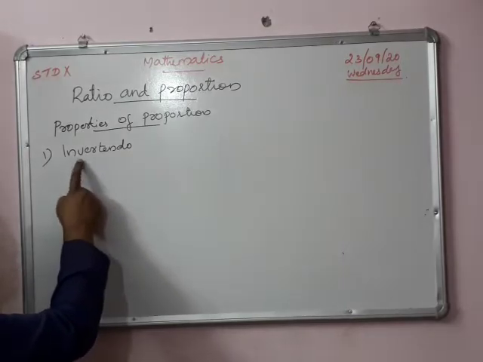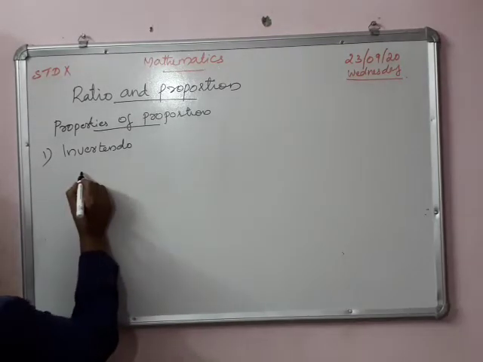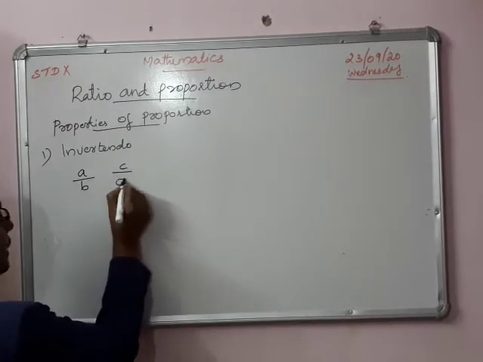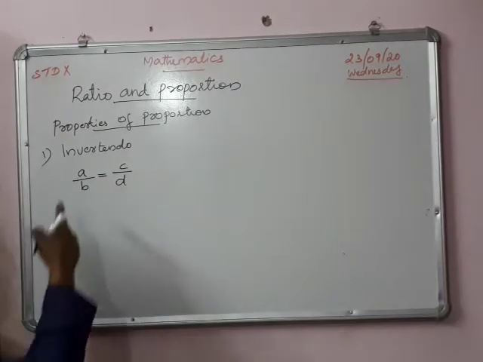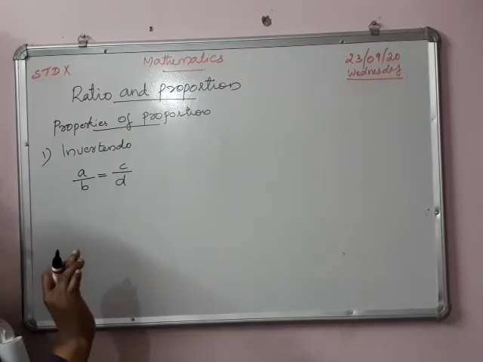Check the spelling, invertendo. The property of invertendo means, suppose for example, A by B and C by D are the two ratios, which means A is to B is equal to C is to D. Both are the same.